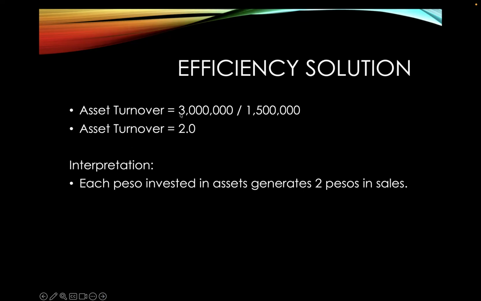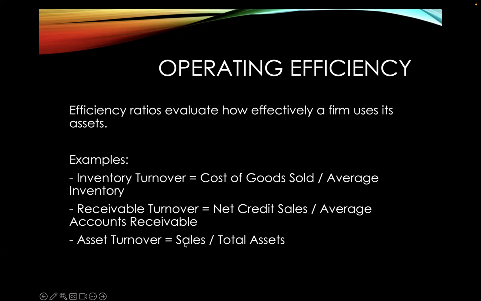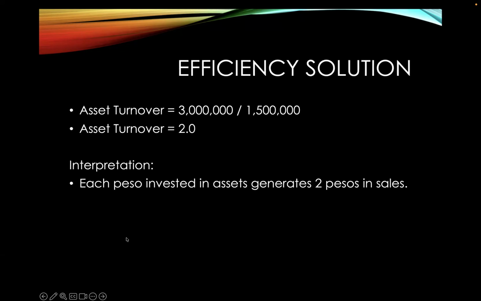Going back to the formula, asset turnover is simply your total sales over total assets. So 3 million over 1.5 million gives us 2.0. The interpretation here is each peso invested in assets generates 2 pesos in sales, which is good, because this is telling us that we're using our assets efficiently.